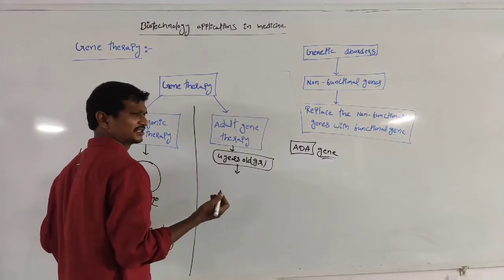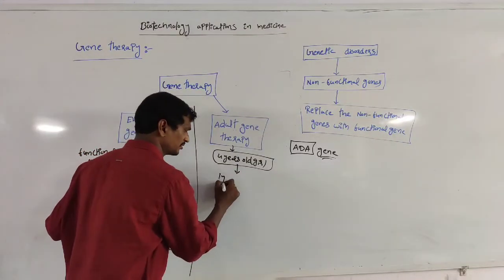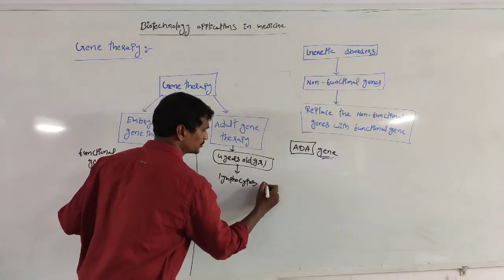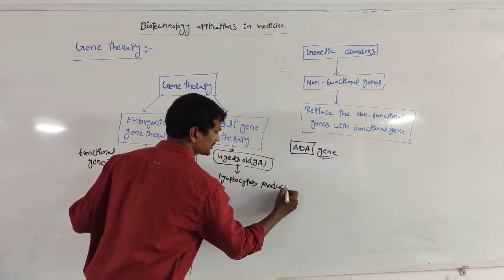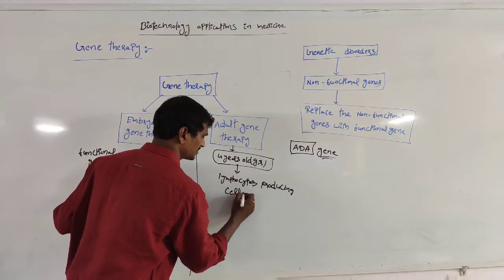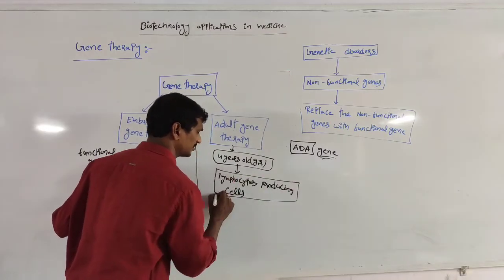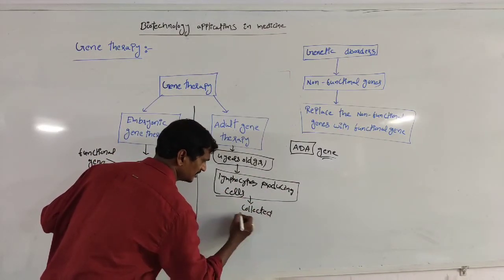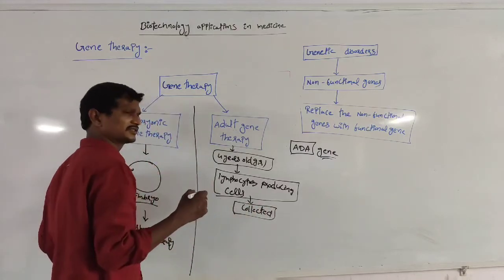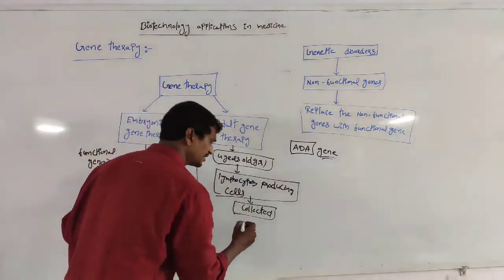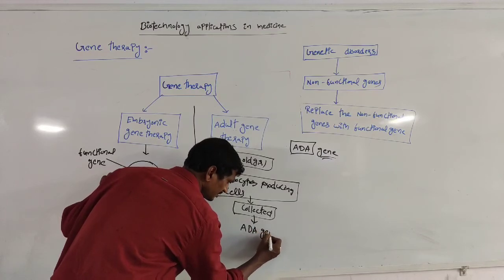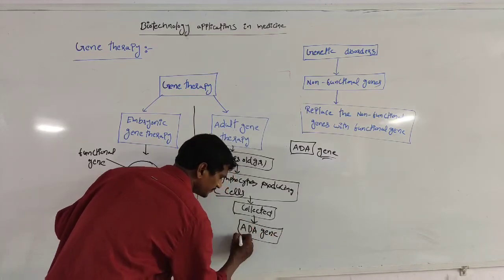Lymphocyte producing cells from that person are collected, and the cells are treated with the ADA gene.